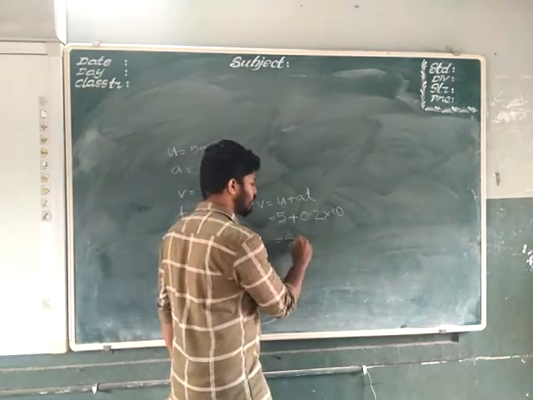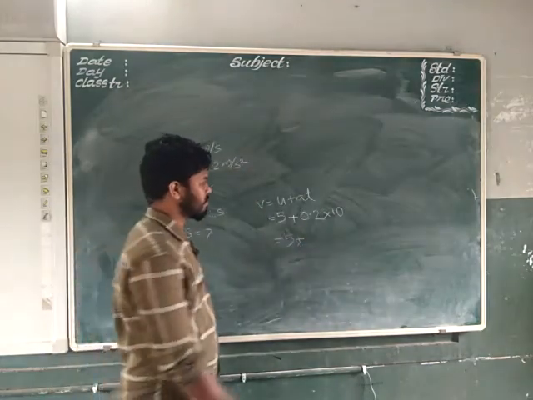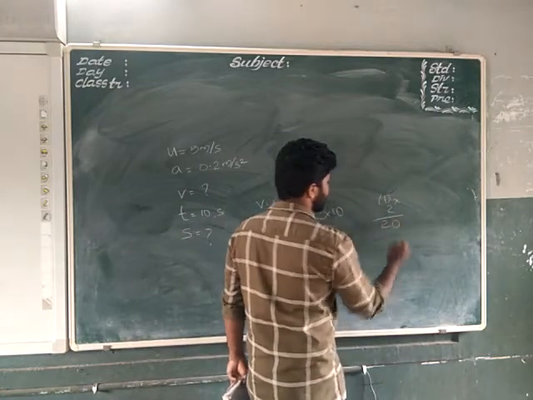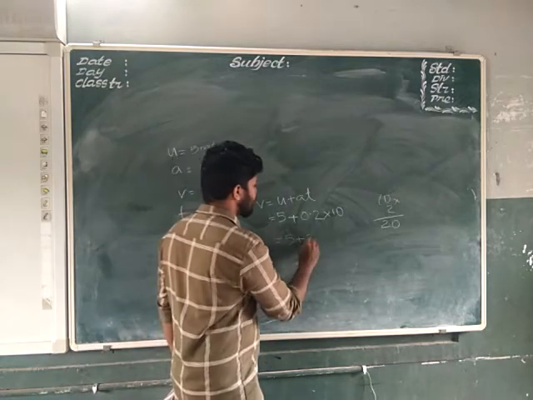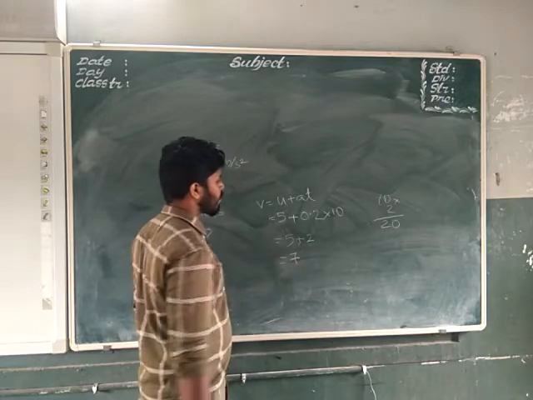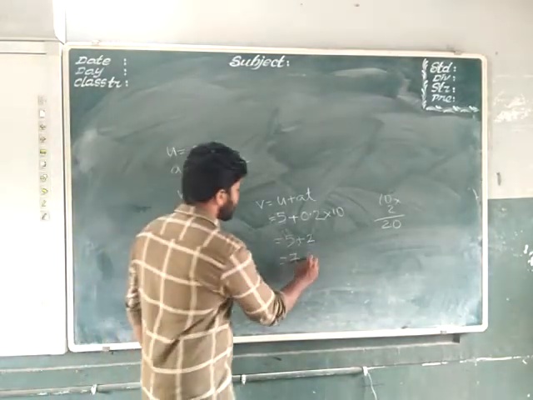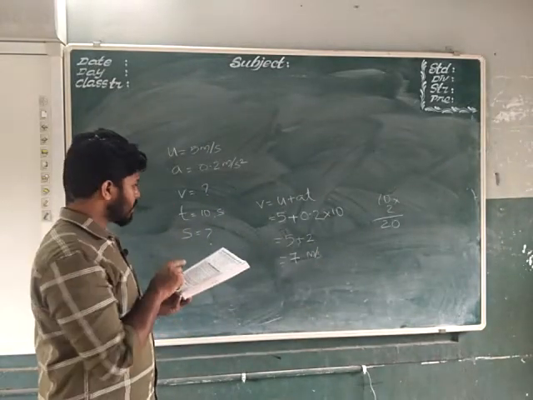If it is 0.2, it becomes like this, 10 into 2, 20. So just put a point mark there. 5 plus 2, that is equal to 7. So 7 meter per second. 7 meter per second is the final velocity.